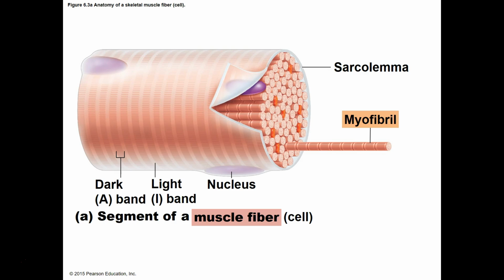So when we take a look at this, now we're looking at one muscle fiber or one muscle cell. And if we look inside of there, we see all of these myofibrils. These are little organelles. Remember we talked about mitochondria and nuclei and all of those things in the other chapter.